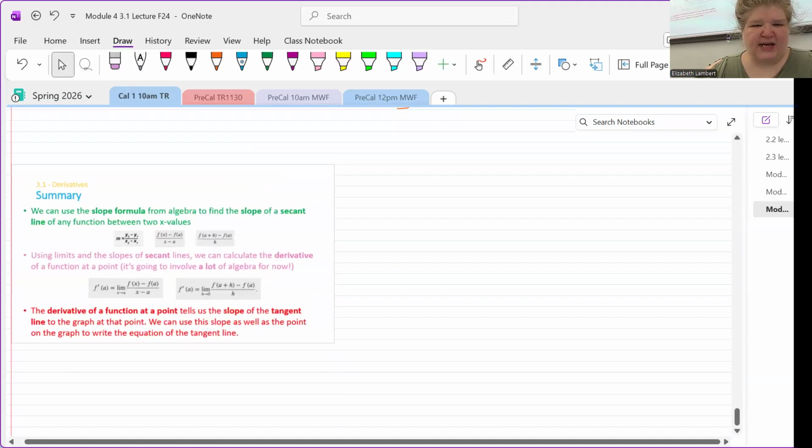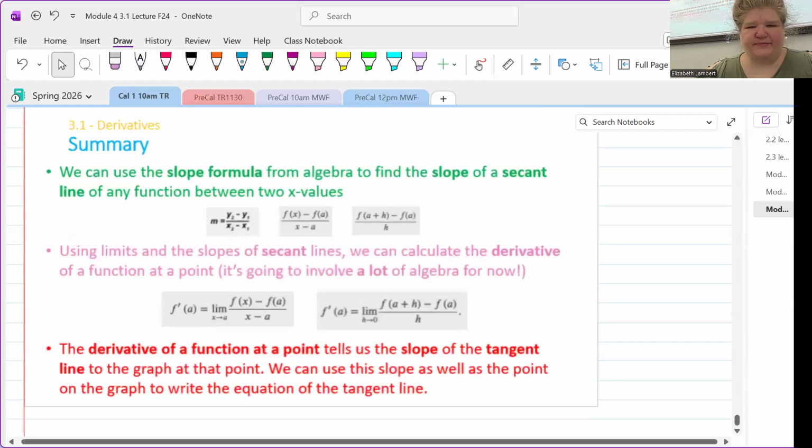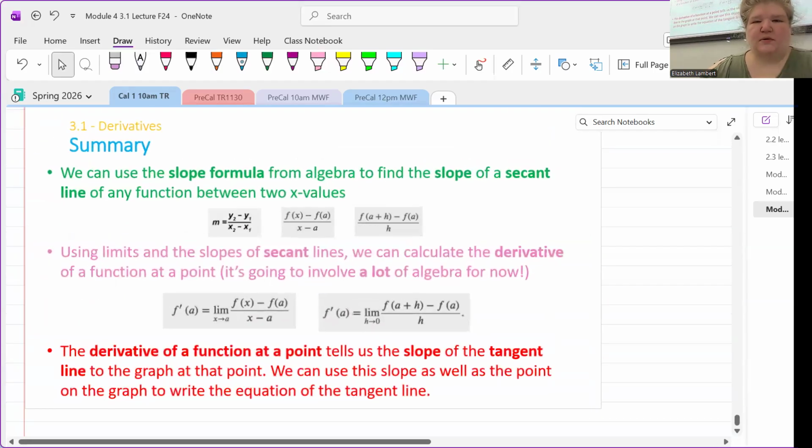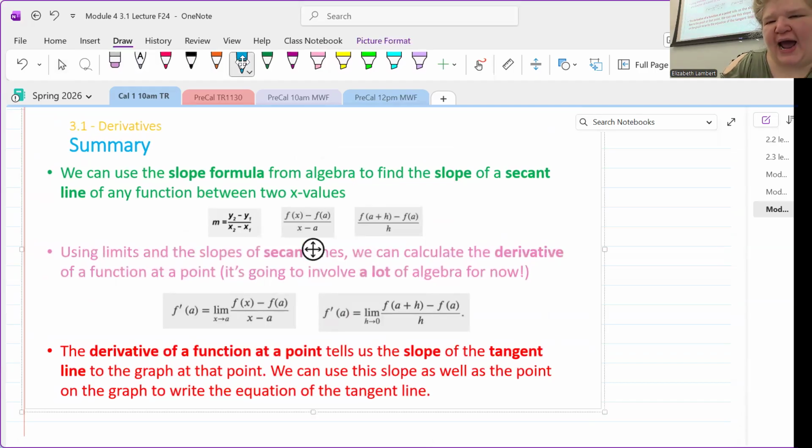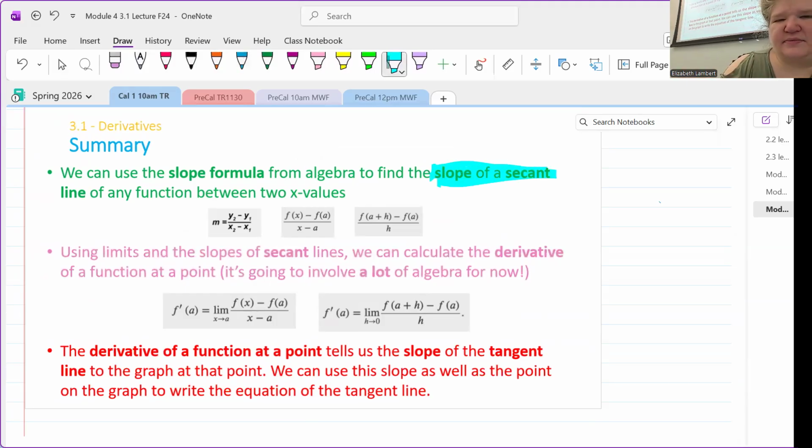All right. Our last one is just a summary. So the first questions you're going to have on WebWork are going to ask you to find the slope of the secant line. And that is literally just slope, so any of these formulas will work.